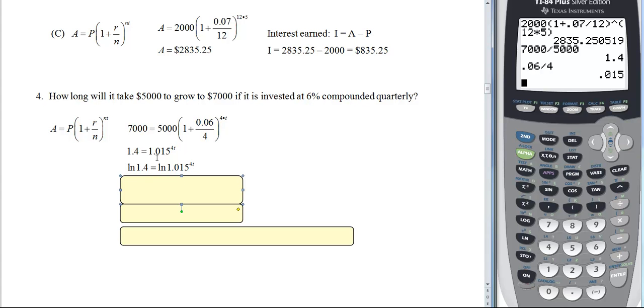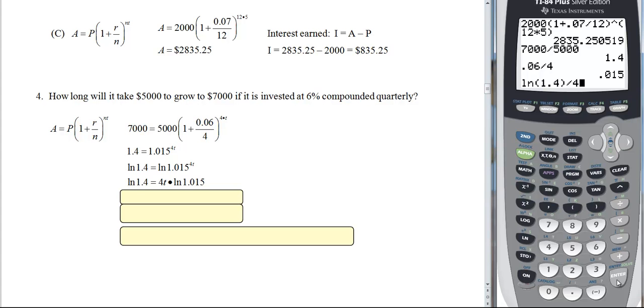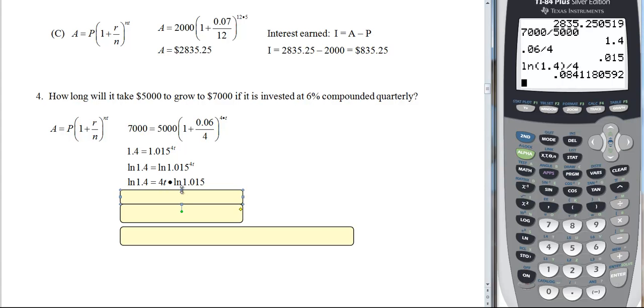That 4t comes out front and it multiplies. Okay? So now what I'm going to do next is do this sort of piecemeal. I'm going to get natural log of 1.4. And I'll divide by the first factor. I'm going to divide by 4. And I'll see what I get.